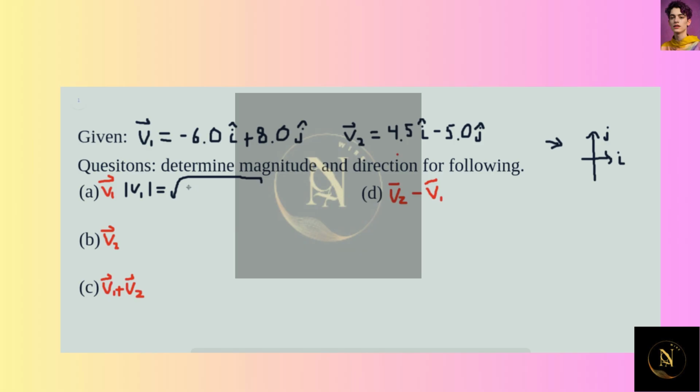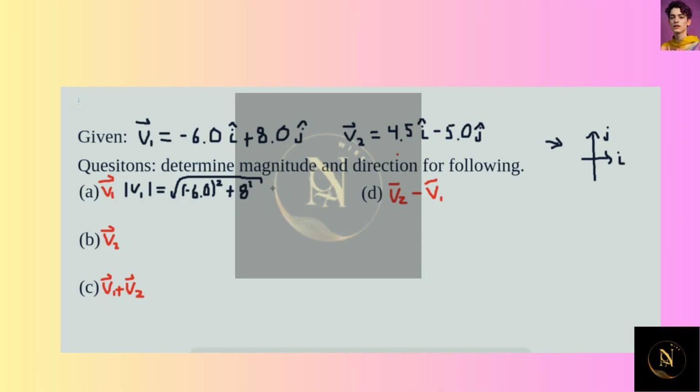The magnitude of v1 is just going to be the square root of the square of both sides. So it's going to be minus 6.0 squared plus 8 squared, which is in the j hat direction.